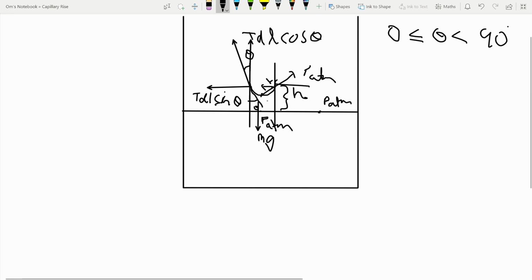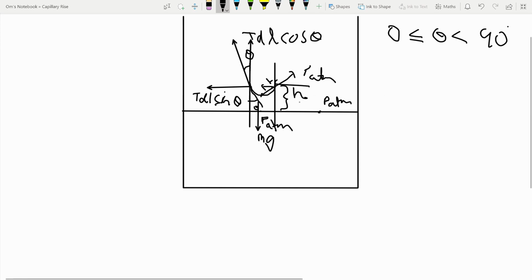But how can that be possible? Because we do have some fluid above this at a height h that exerts pressure on it, right? The reason is that the pressure this fluid exerts is nullified, because this force of surface tension lifts the liquid up. So that's just looking at it qualitatively.